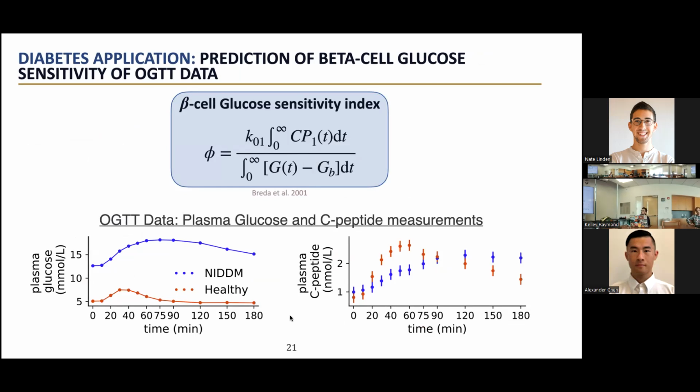These models take glucose measurements as an input, so I interpolate over them, and then I have a continuous input to the model, and then I fit the predictions to this C-peptide molecule, which is secreted 1-to-1 with insulin. And then from the model predictions, I can compute this beta cell glucose sensitivity index, which is the area under the curve of predicted C-peptide normalized by some area under the curve of glucose above predicted baseline.